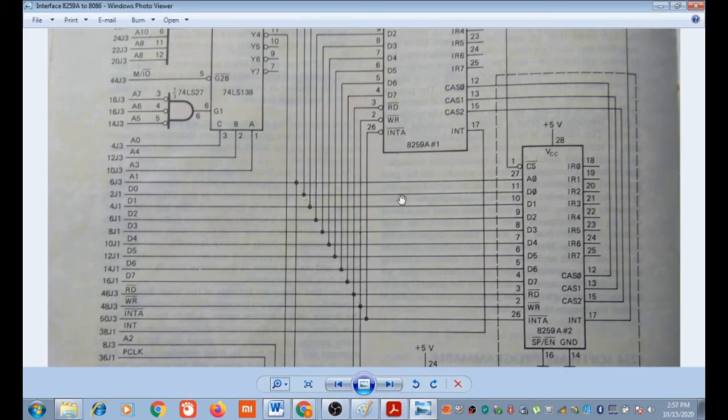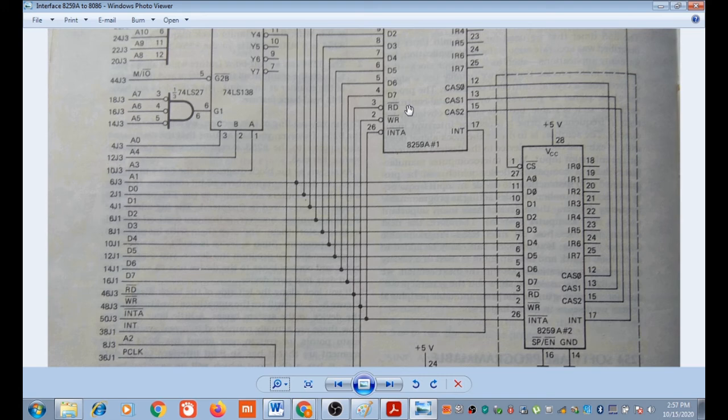See the circuit. This is the master. Its CAS0 to CAS2 lines are connected to CAS0 to CAS2 lines of the slave.